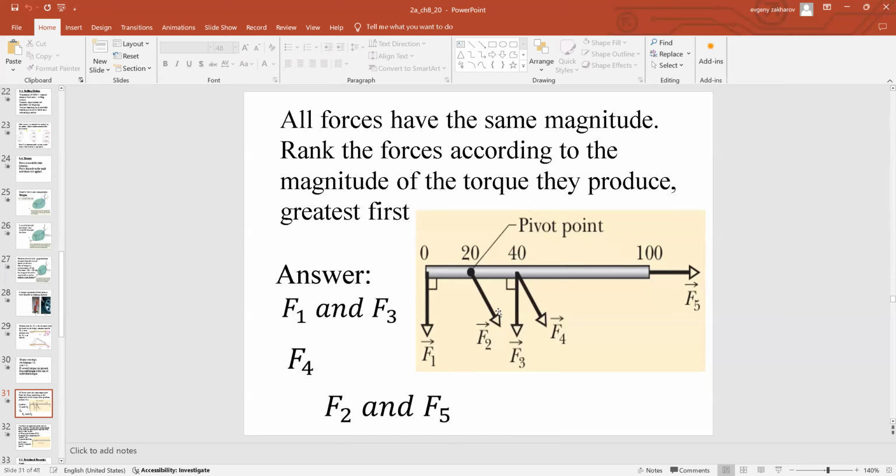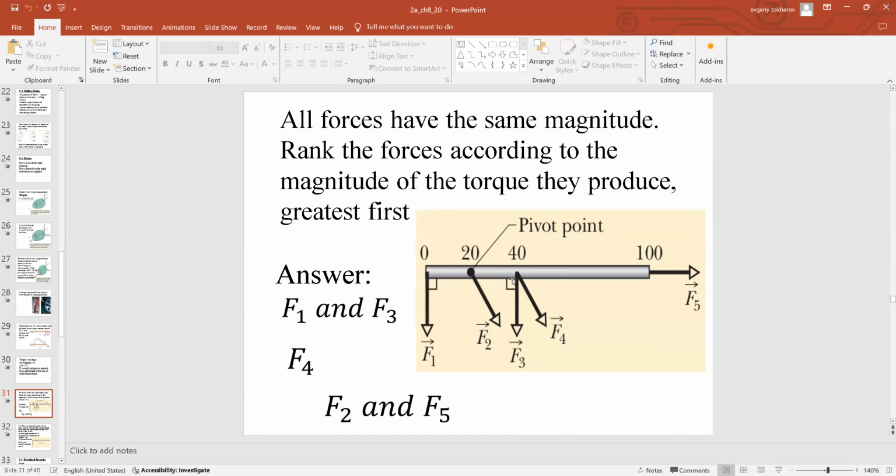Now, how about F sub 2? Well, the line of action, that's how it is. You extend the line in both directions. And you can see how this line crosses the pivot point. It crosses the axis of rotation. So the smallest distance between the axis of rotation and the line is just 0. So moment arm is 0. So the torque is 0.